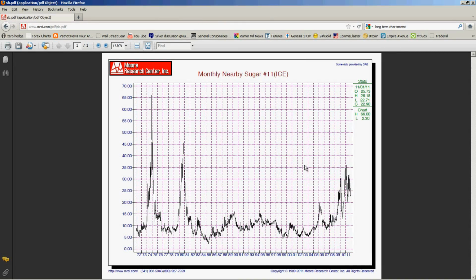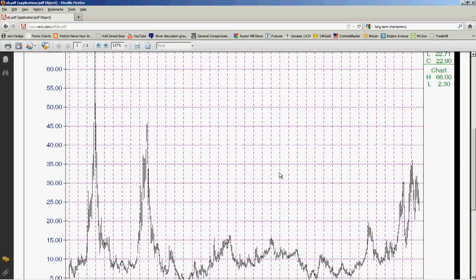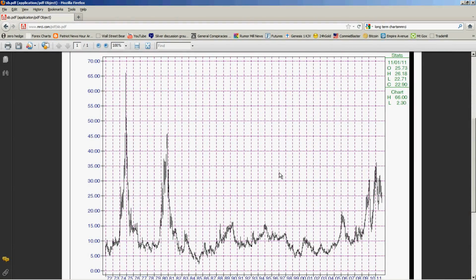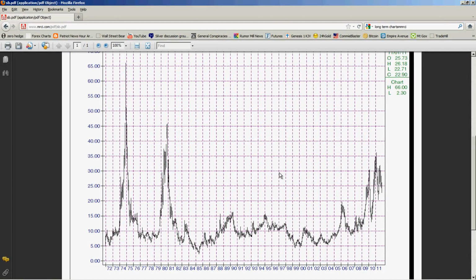Now you have to remember when you're looking at these commodities that the spikes we see often have to do with particular crop situations and not necessarily monetary situations. So these spikes that we had back in the early 70s and late 70s possibly had something to do with the sugar crop and whether there was a bad crop year or a shortage because of various other things.